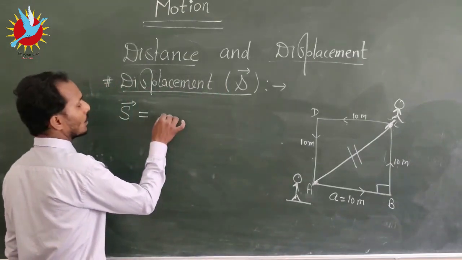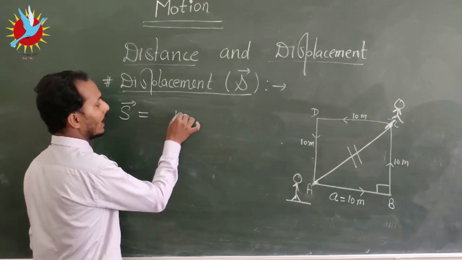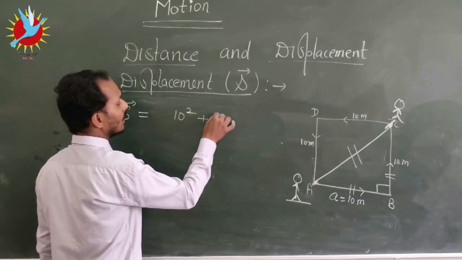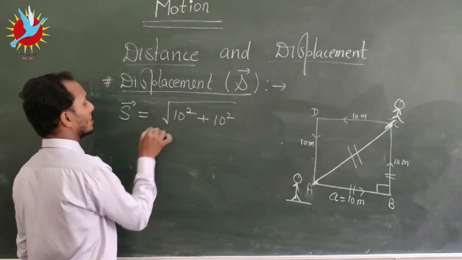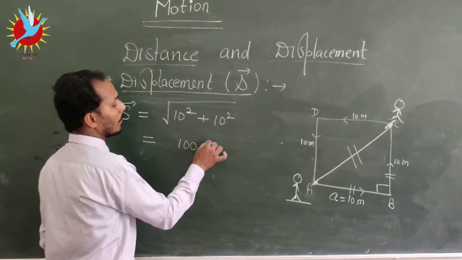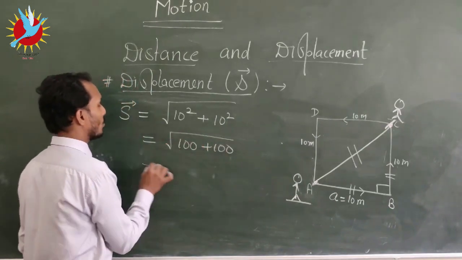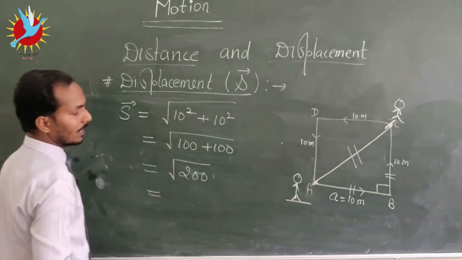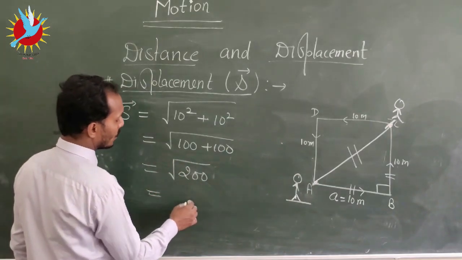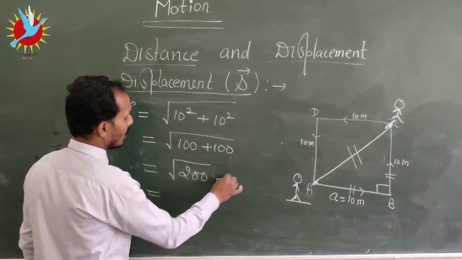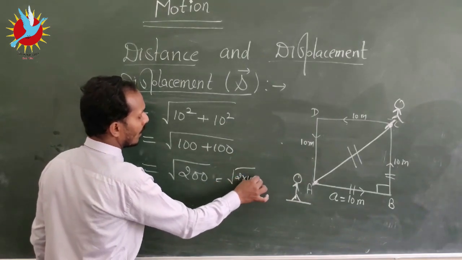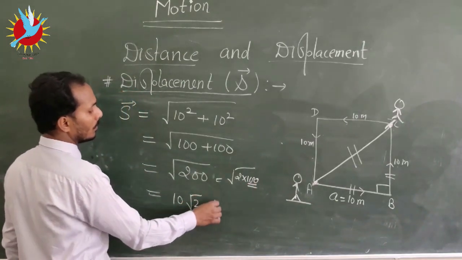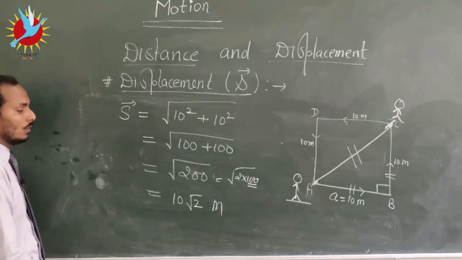The distance is the square root of 10 squared plus 10 squared, so its value becomes the square root of 100 plus 100, which is the square root of 200. That is 2 into 100, and we can solve it as 10 root 2 meters.